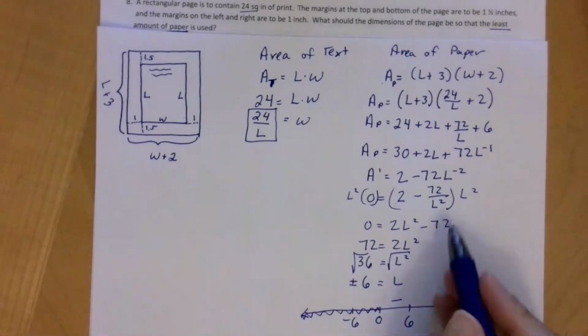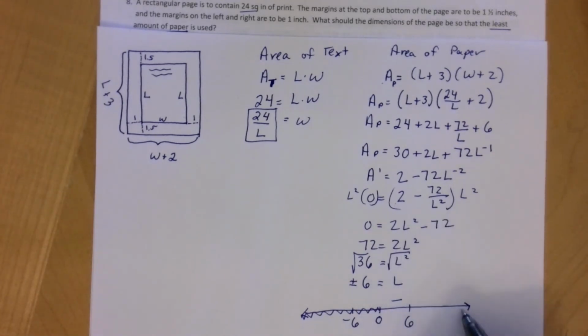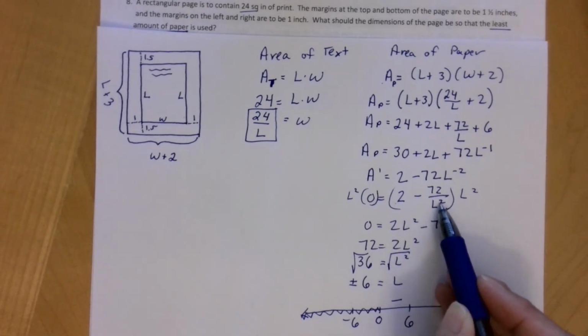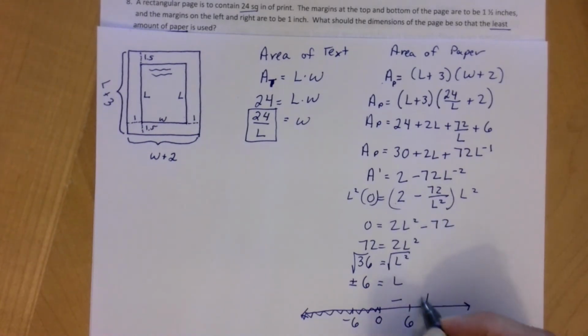And then you can plug 7, and I'm just going to plug something more extreme, like 1,000. So 1,000 squared underneath the 72 is a very small number. 2 minus that small number is going to be positive. So I do in fact have something that is decreasing and then increasing. I do in fact have a minimum there. So L equals 6 is what we're looking for.